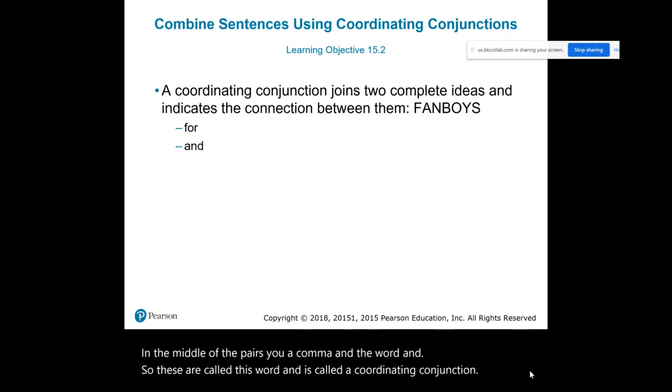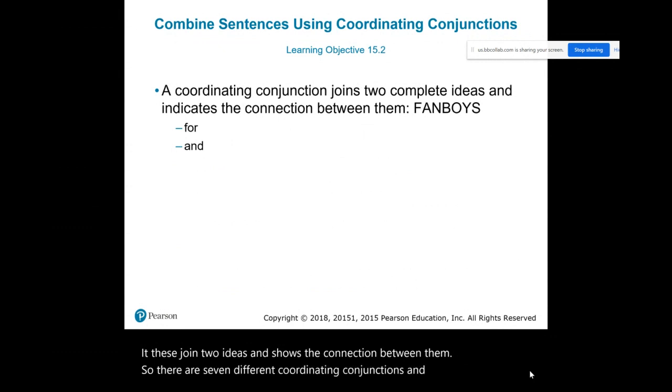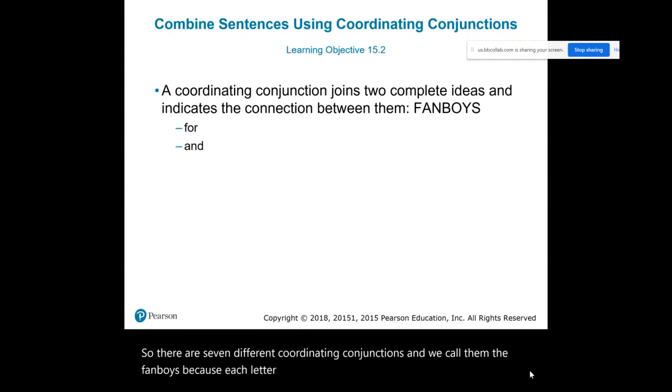These join two ideas and show the connection between them. So there are 7 different coordinating conjunctions, and we call them the fanboys because each letter of fanboys represents one of the conjunctions. For example, the F in fanboys is for, F-O-R. The A means and. That's another conjunction.